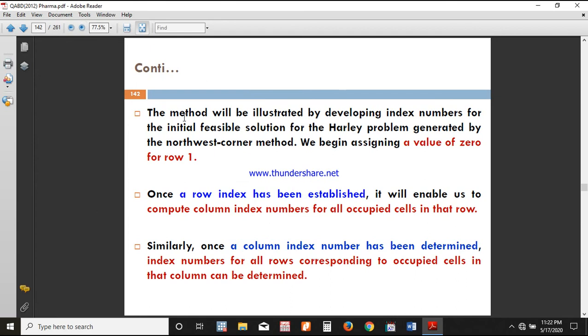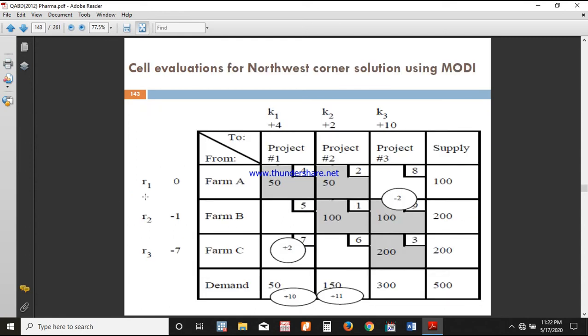Therefore, the method will be illustrated by developing index numbers for the initial feasible solution for the Harley gravel, the northwest corner point you can bring here. To start with, this is the northwest corner point allocation with the total cost of 1,900, obtained by multiplying the cell cost with its occupied cell's unit quantity.